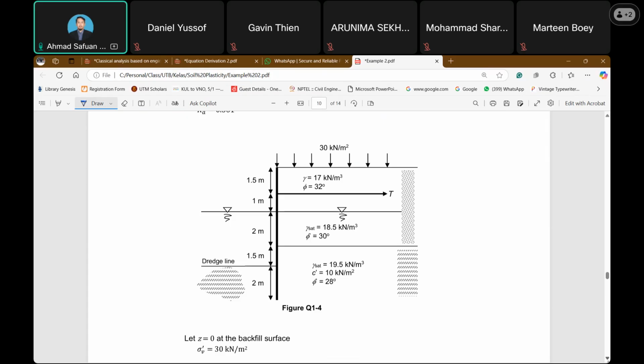For the harbor, they call it a quay wall. Then we have both sides of the water at the same level. Later on, we can eliminate the pore water pressure because the water is similar at both sides.